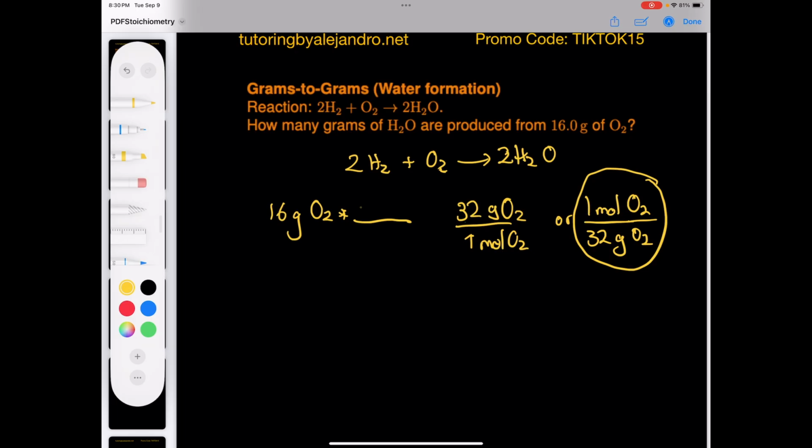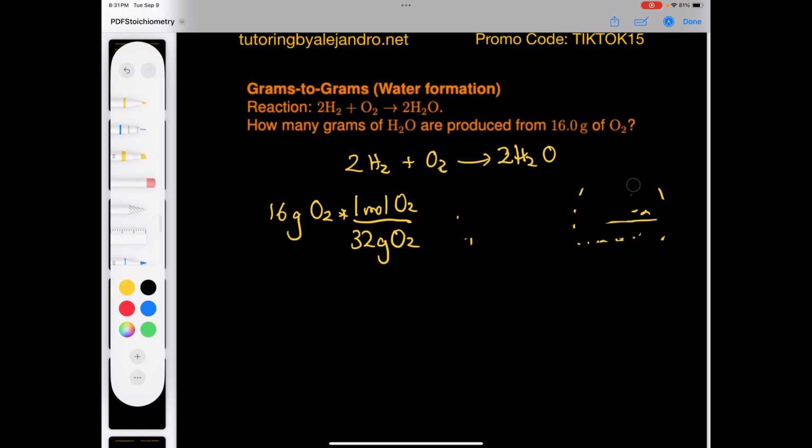Okay, so that means I'm going to multiply 16 grams of oxygen by 1 mole of O2 divided by 32 grams of O2. Okay, so that means I can cancel out my grams with grams, right? These two cancel out, and that means my units will be in moles.